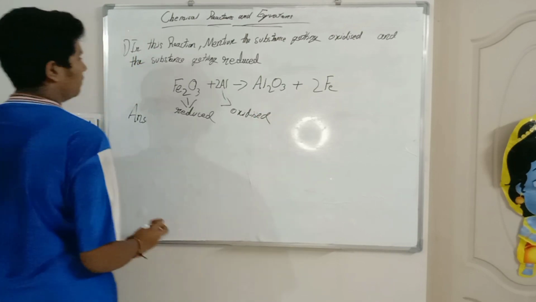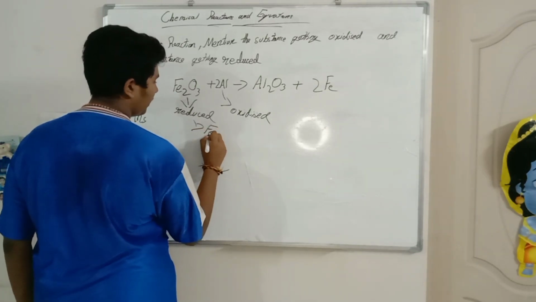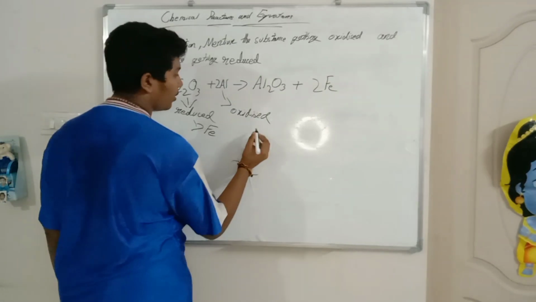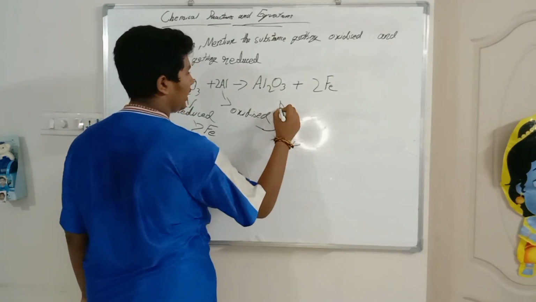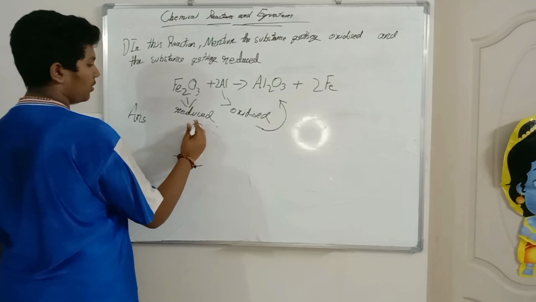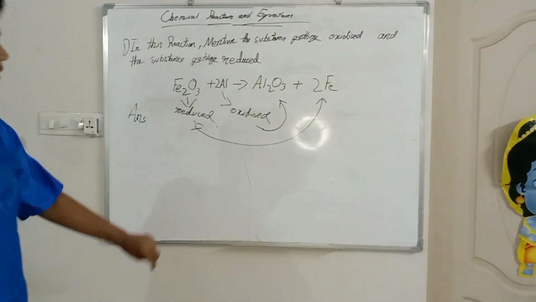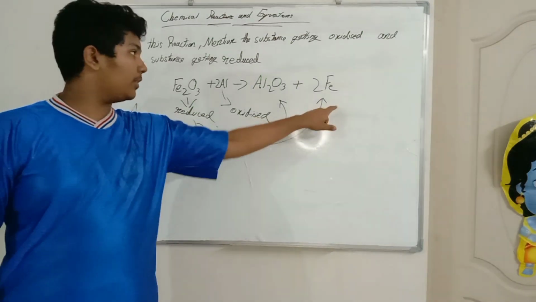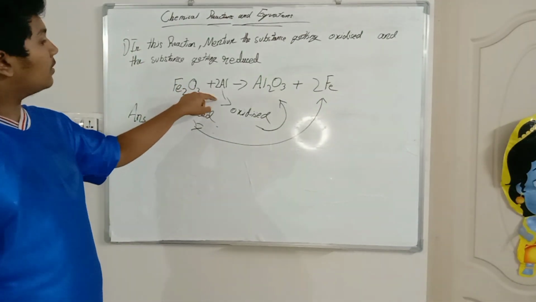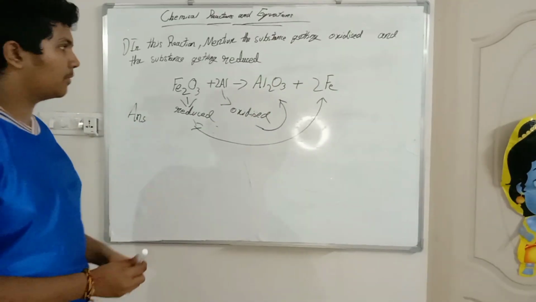How? Because Fe2O3 is reduced to Fe, while aluminium is getting oxidized to Al2O3.